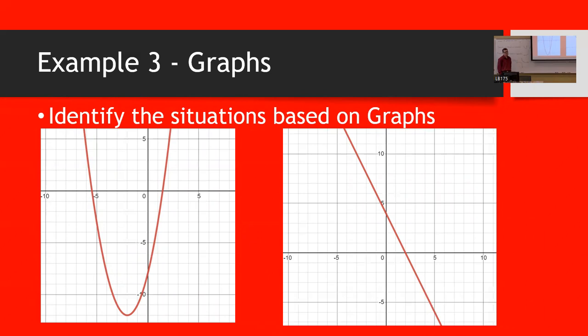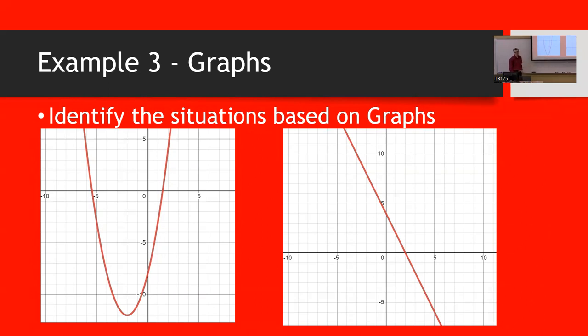Take a look at those two. Just in your own head or write down on your notes what types of graphs these represent. These are the graphs of what kinds of models. Well, it should be fairly straightforward.